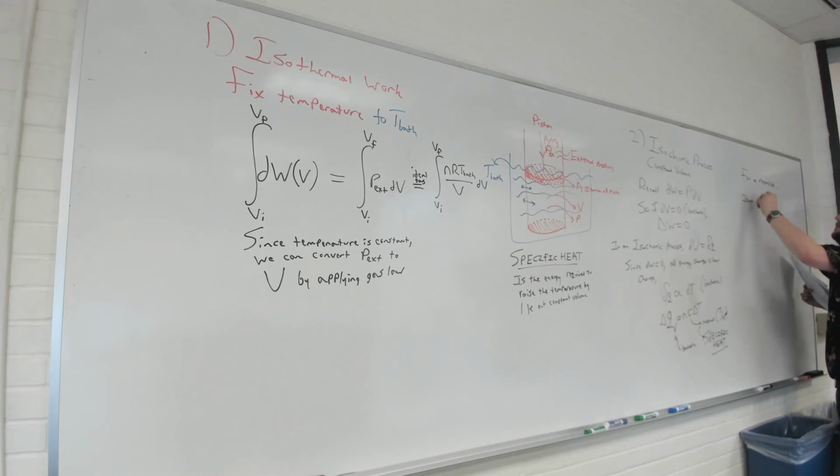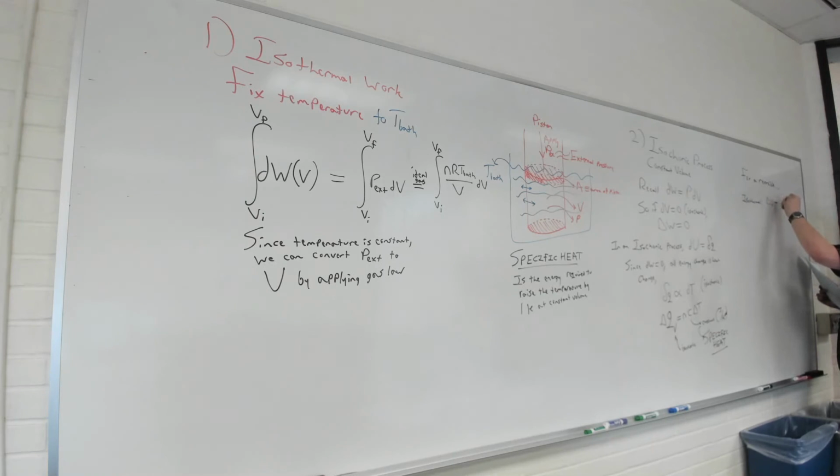So a reversible isothermal process, the change in energy is the change in work. Work is equal to nRT, and then the log of final over initial volume.